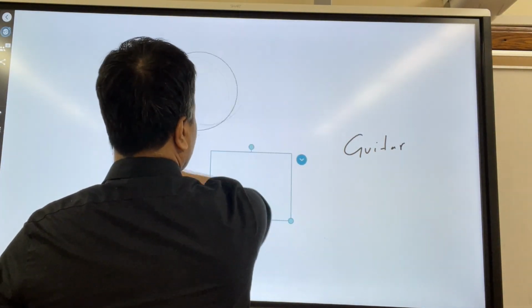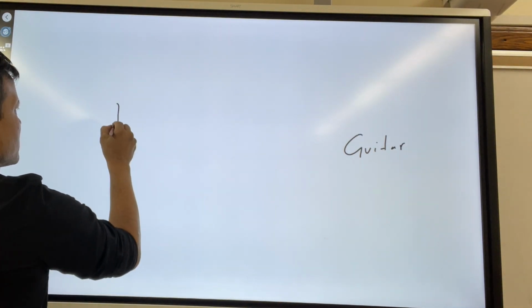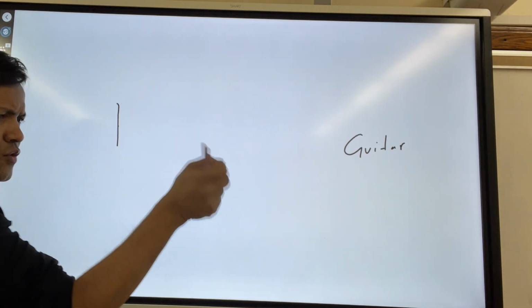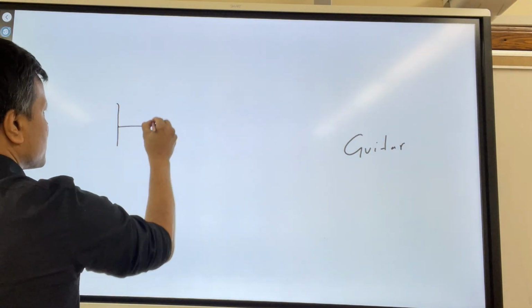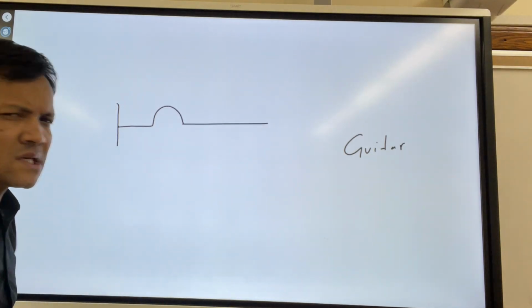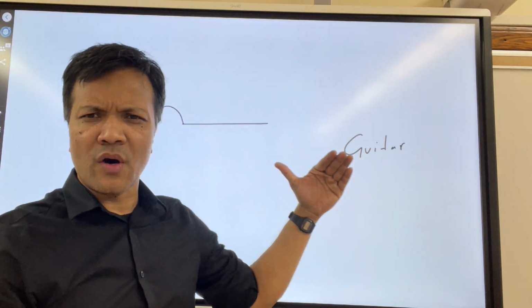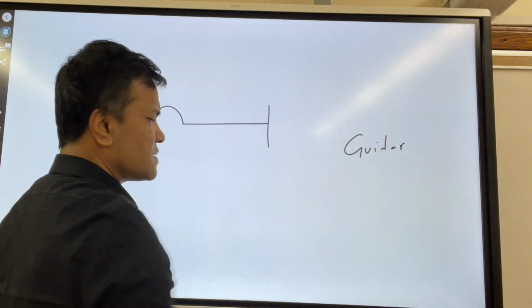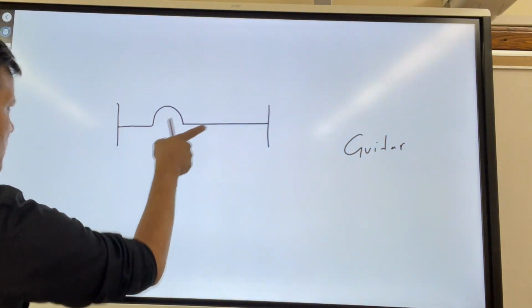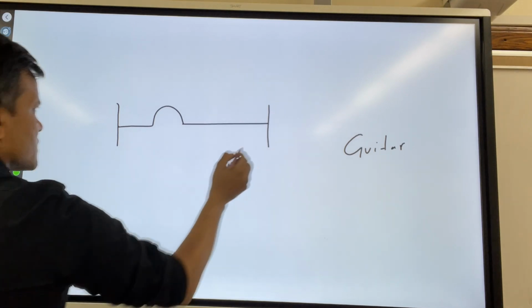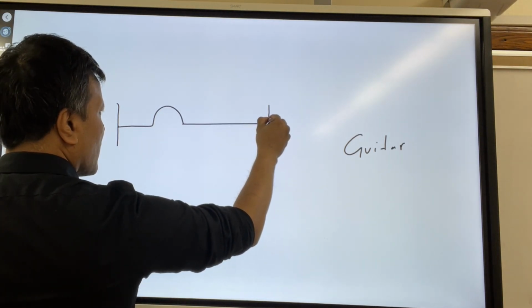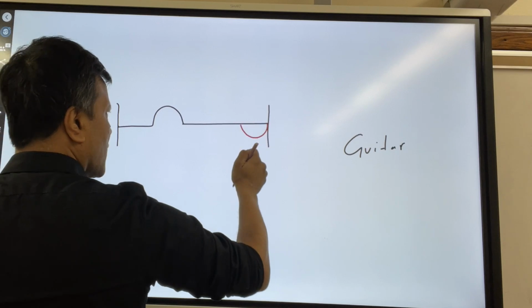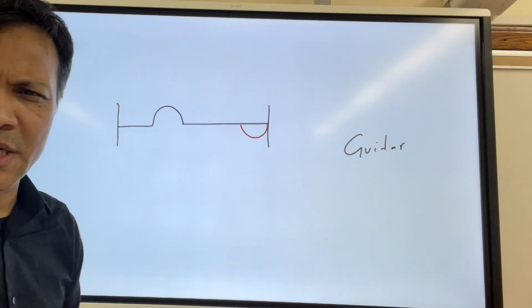Consider a rope again. If you move up and down just once, it creates a pulse, right? If there is no endpoint, this pulse will move forward. But if there is an endpoint, since it is a guitar, it's going to move over there, and it's going to bounce back with the same magnitude but opposite direction.